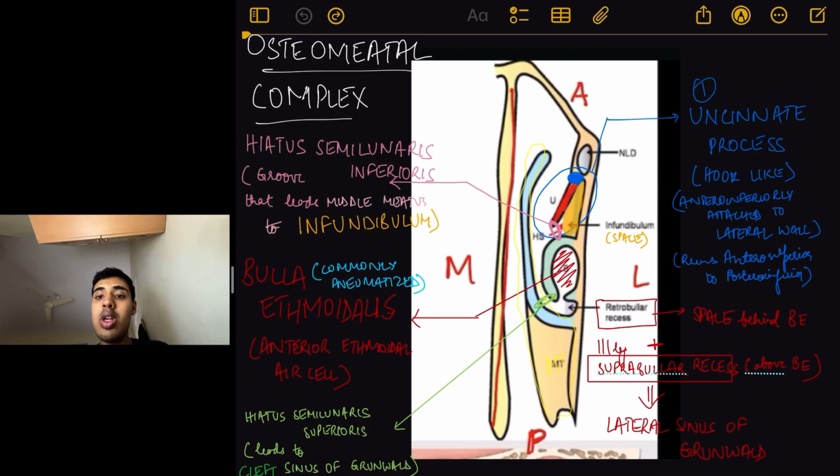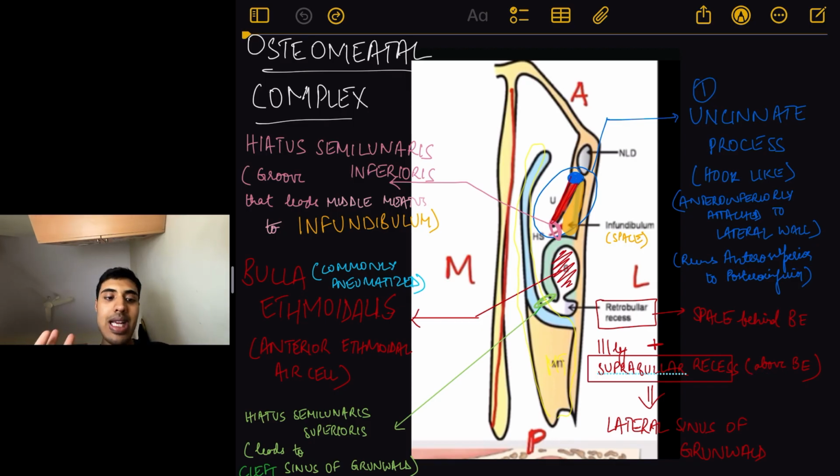Now, you have a hook-like process, this red process here, known as the uncinate process. This uncinate process runs from the antero-superior direction to the posterior-inferior direction. So if you're imagining, it runs from the antero-superior direction to the posterior-inferior direction.